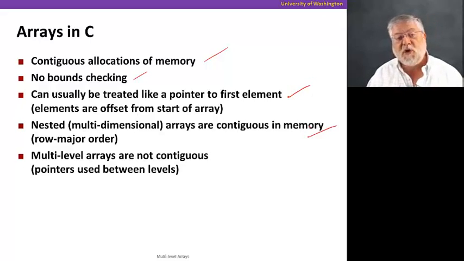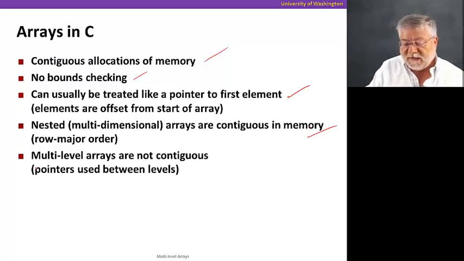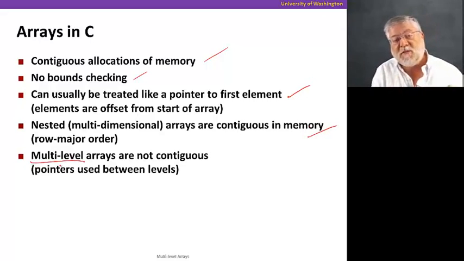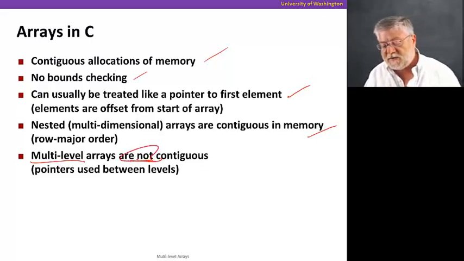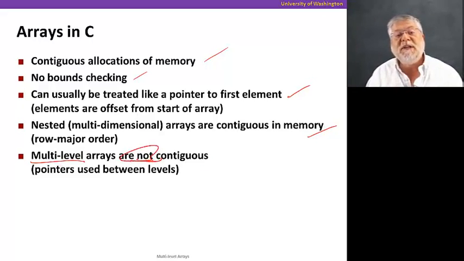Multidimensional arrays are contiguous in memory and in row major order. Multi-level arrays, these ones we've just been discussing, are not contiguous, and pointers are used between levels. So we have many fewer guarantees about how things are arranged.